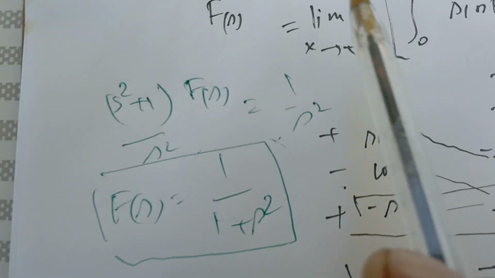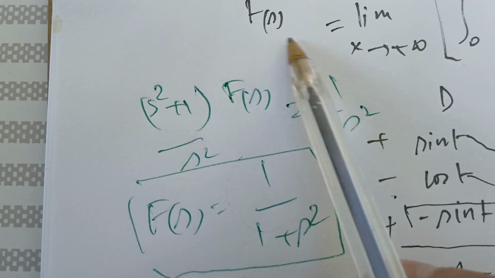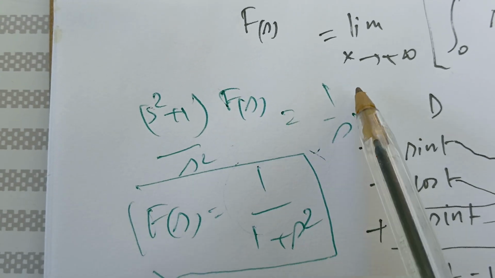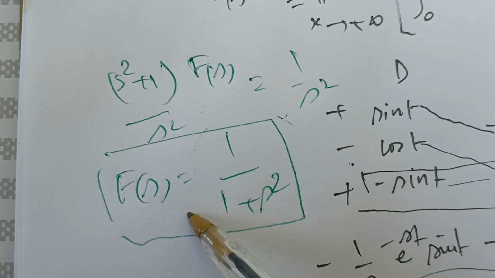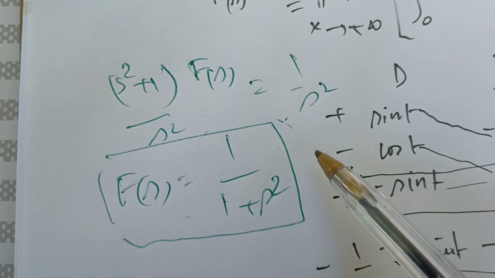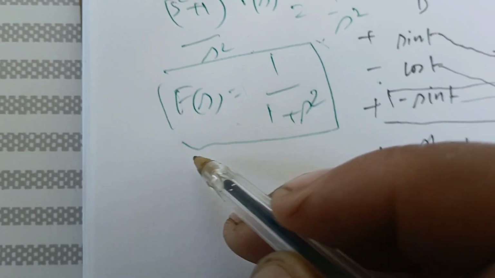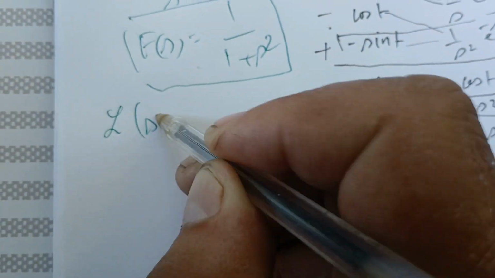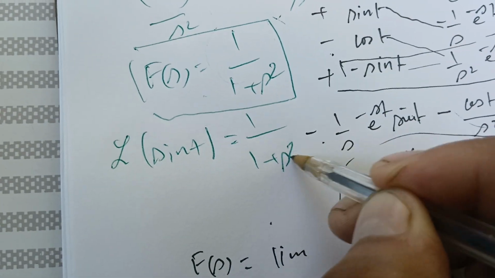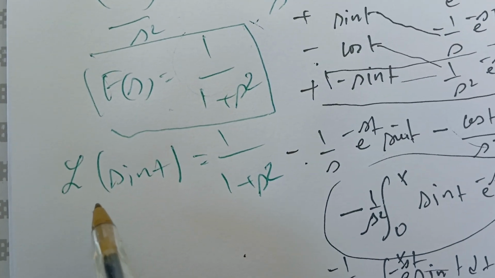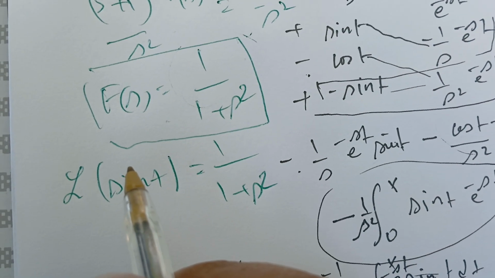Once I do the algebra and simplify, I get F of s is 1 over 1 plus s squared. And this is the Laplace transform of sine t. It's 1 over 1 plus s squared. Okay, thank you very much.